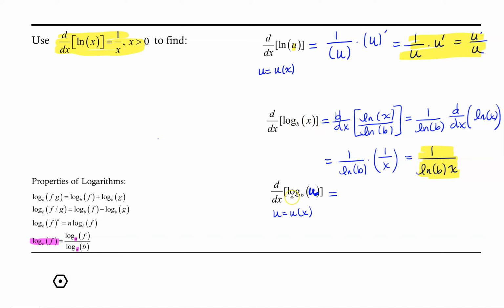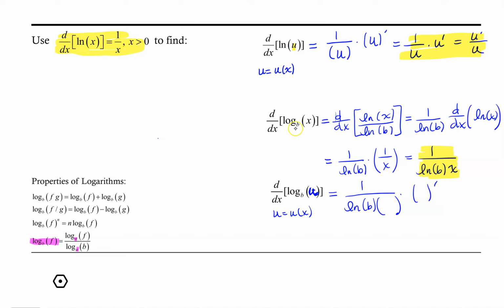So the derivative of log base b of u is 1 over natural log of b times the argument times the derivative of the argument.